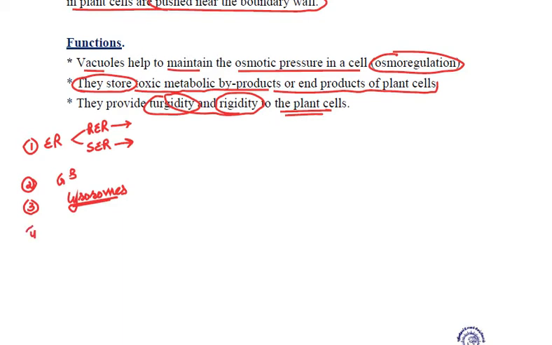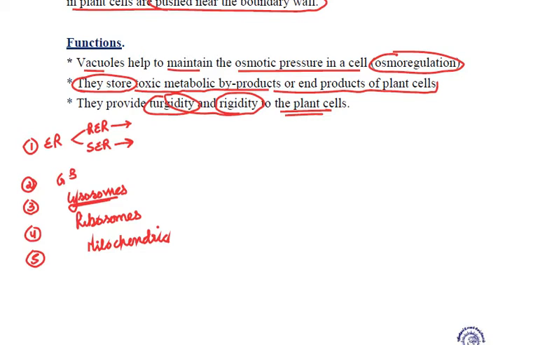Fourth, we studied about ribosomes. Ribosomes help in protein synthesis, right? Next, we talked about mitochondria. Now, mitochondria, very important. They contain strong oxidative enzymes which oxidize, helps in cellular respiration, and that is why they are known as powerhouse of the cell or power plant of the cell.